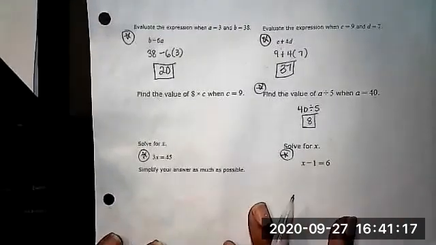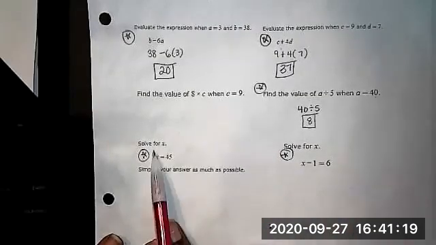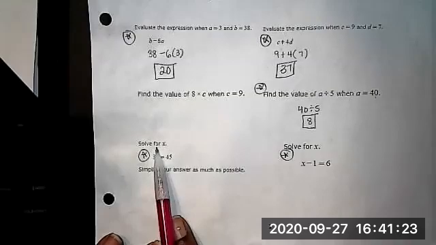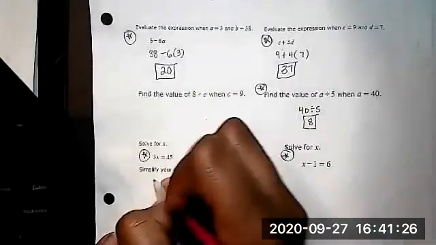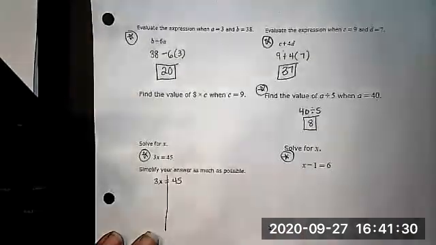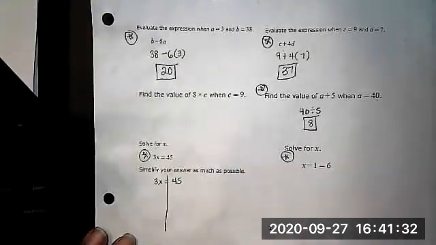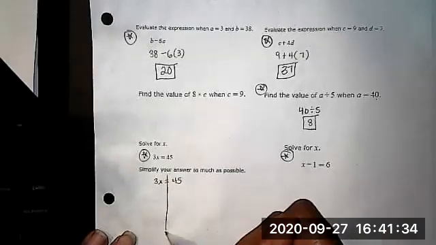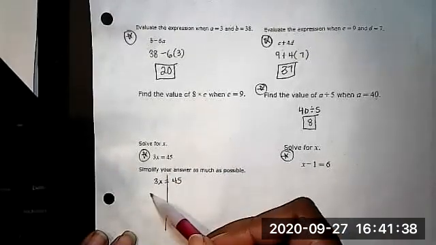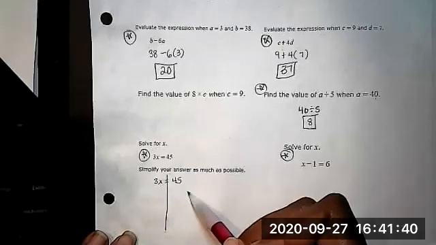3x equals 45. If you check out the directions, it says solve for x. So this is an equation. I usually, if I am solving equations and I see an equal sign, I'll put a line here, knowing that if something happens on this side, we got to do the same thing on this side.